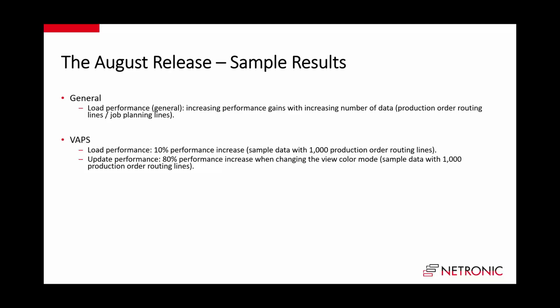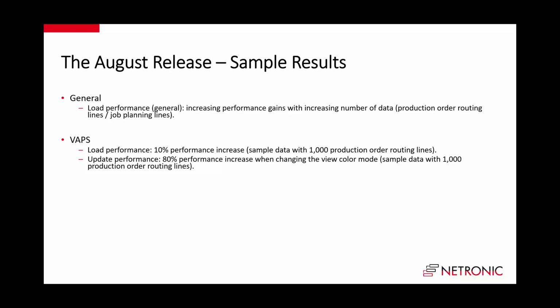And let's specify things a little bit more. In the VAPS, we looked at the sample data with roughly 1,000 production order routing lines, so with 1,000 operations, and we could increase the load performance by 10%. We will see figures later on for the VAPS with more data, where the performance increase was higher, so 10% is not that high. But once the data is there, working with it will become much faster, because in the VAPS we have all these color schemes, right?